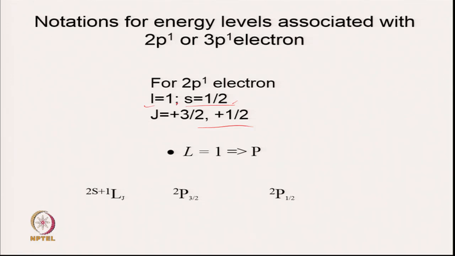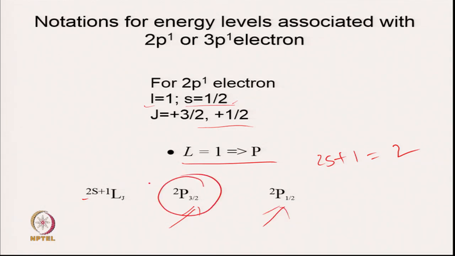Since L is equal to 1, that corresponds to label p, and 2s plus 1 will be 2, and j has two values. So, you have two energy levels. One energy level is labeled as 2p 3 by 2, another energy level will be given by 2p half.